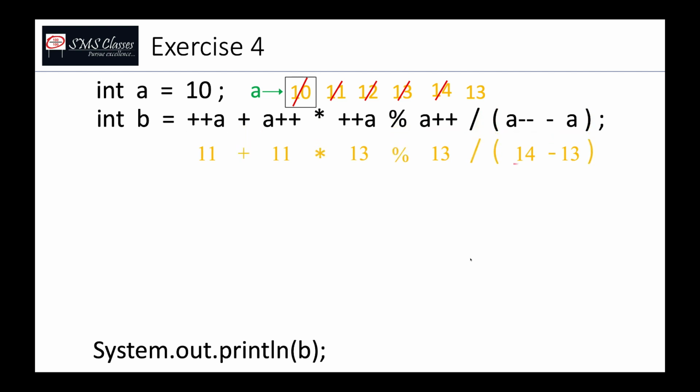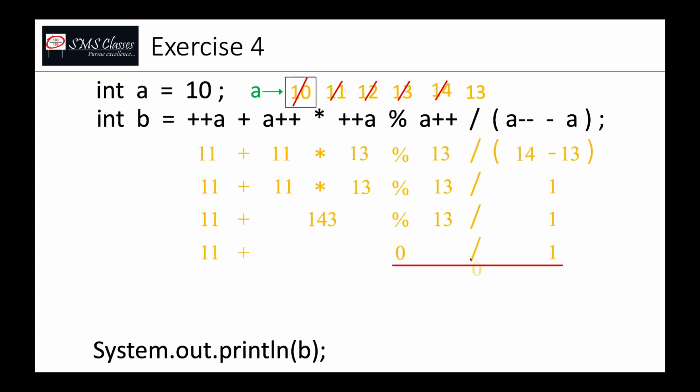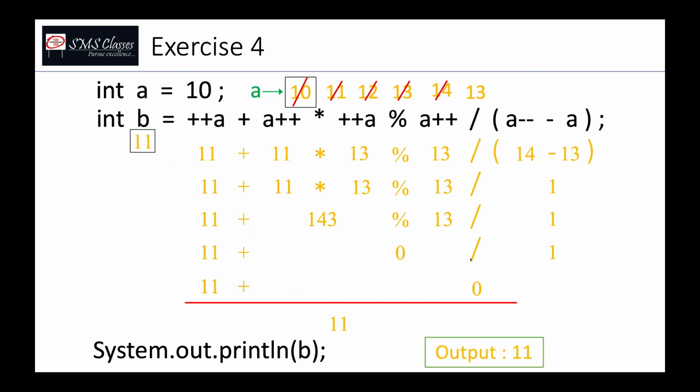So first I do 14 minus 13, which is 1. The next precedence goes to multiplication, division and modulus from left to right. So 11 into 13. Then I do modulus. Then I do division. Now 11 plus 0 is 11. So the output of B is 11.